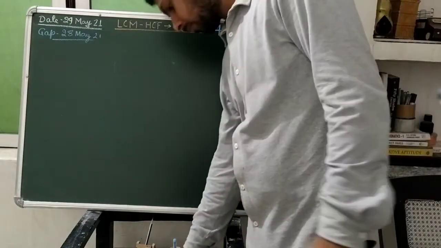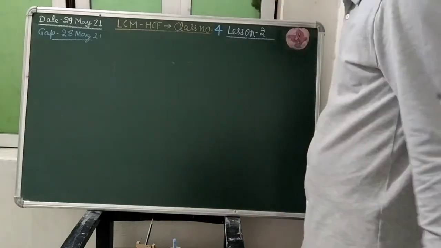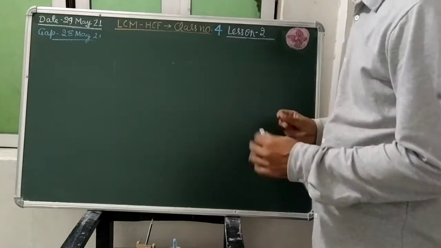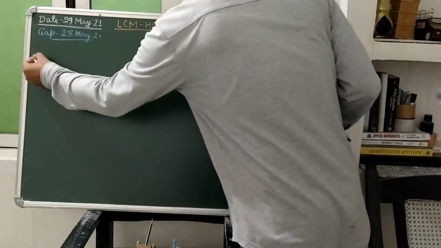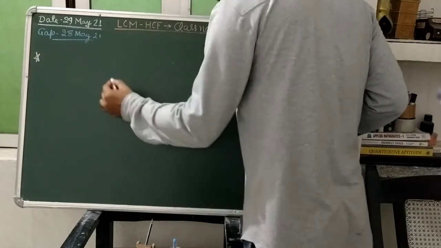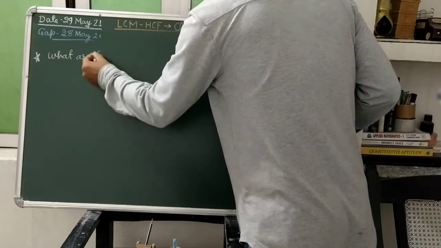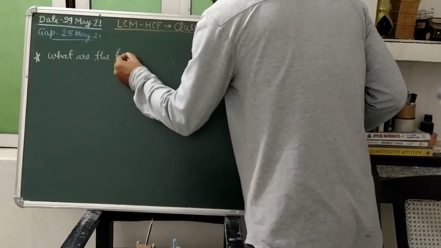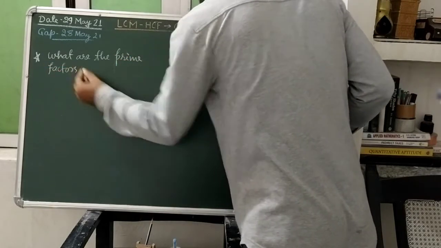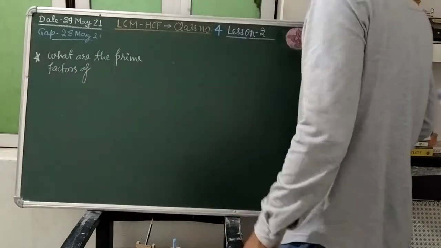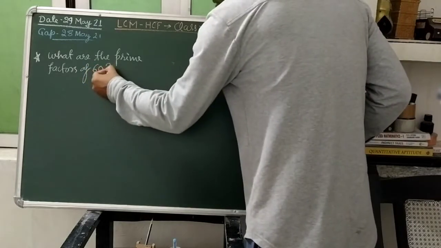So students, in the previous class we were talking about how to find the prime factors of any number. Suppose I am selecting a problem like this: what are the prime factors of, suppose we are selecting, 60.